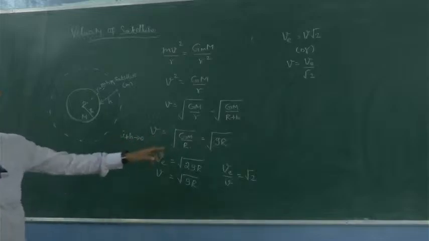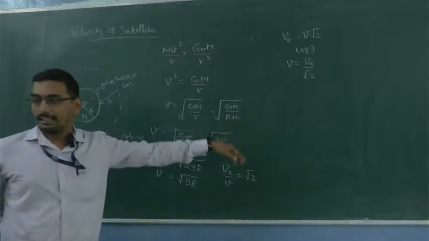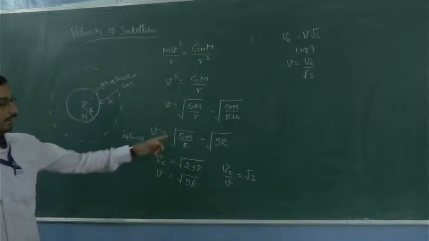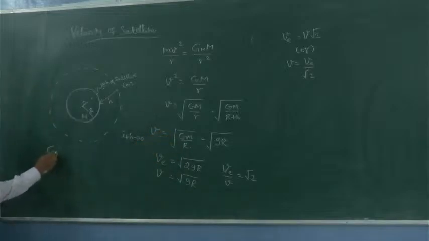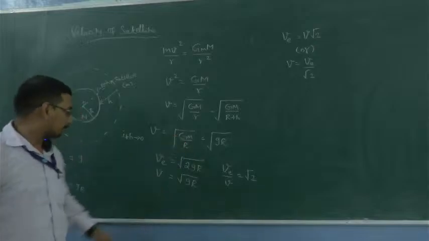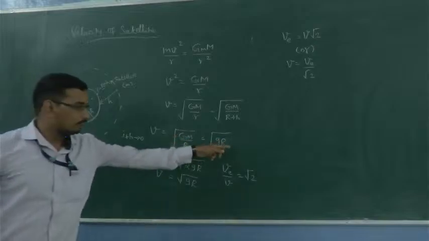So in such a case, h can be neglected. The equation becomes GM by capital R. We know very well GM by R square is small g. Am I right or not? GM by capital R square is equal to small g. Now by taking one R to this side, GM by capital R will be equal to small g into capital R, so GM by capital R is replaced by gR.